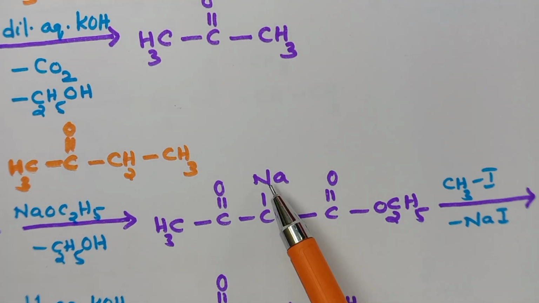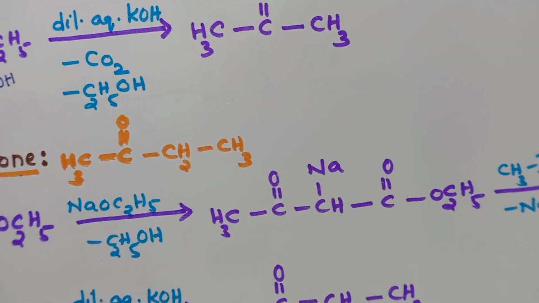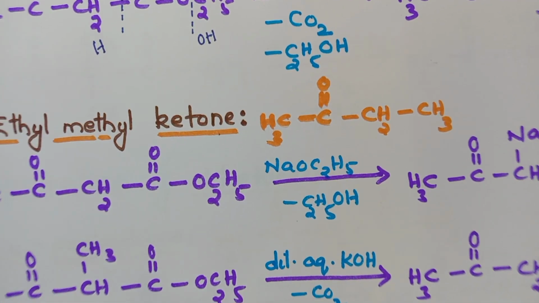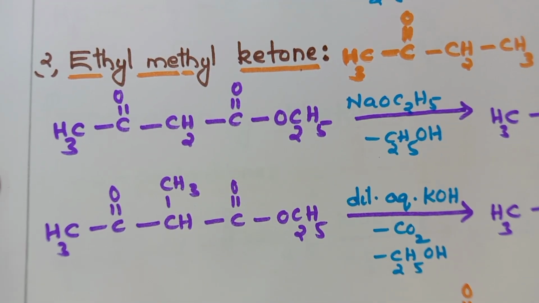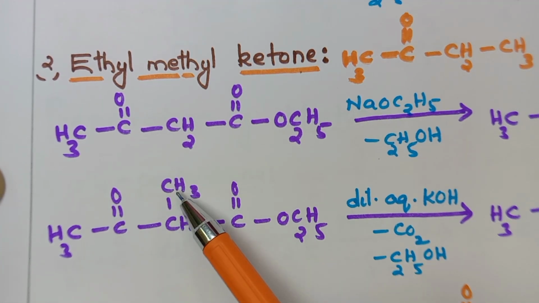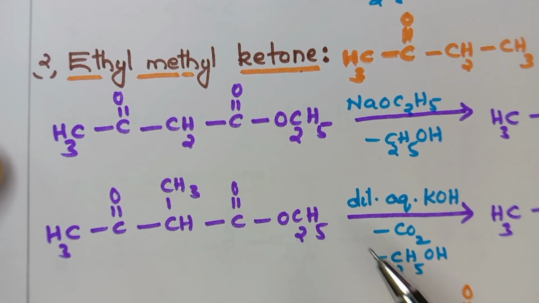When Na is removed, the methyl group will be replacing it. Next write down CH3, C double bond O, CH3, C double bond O, CH. Now there is no Na here. In the place of Na, there is C double bond O, OC2H5.